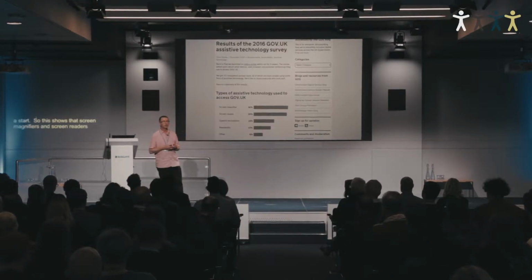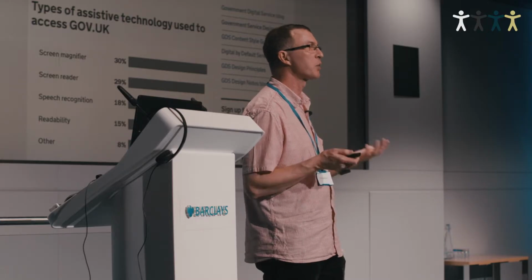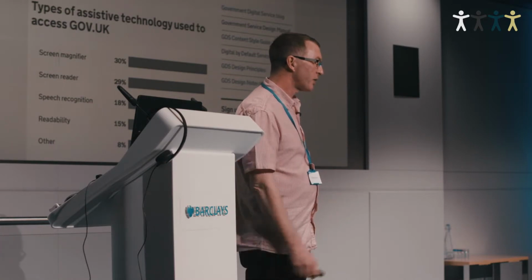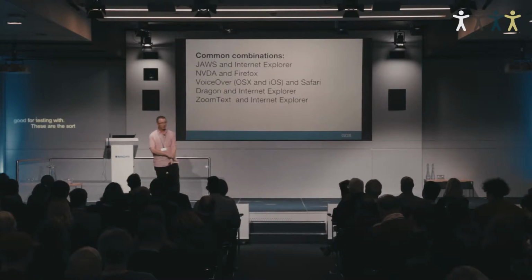But the survey gave a lot more detail about how much different types of screen readers were used. So we found out that JAWS was the most popular, which again wasn't a big surprise. We found that Zoomtext was the most popular screen magnifier. So we used this survey to help us determine what is good for testing with. And these are the sort of common combinations that we found from that survey.